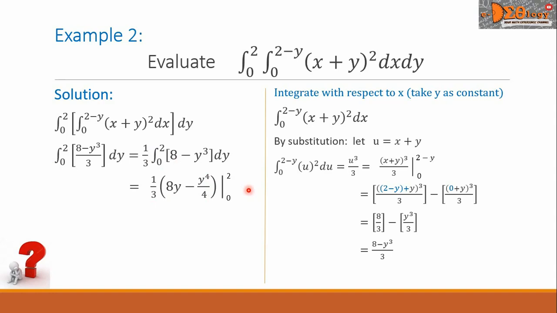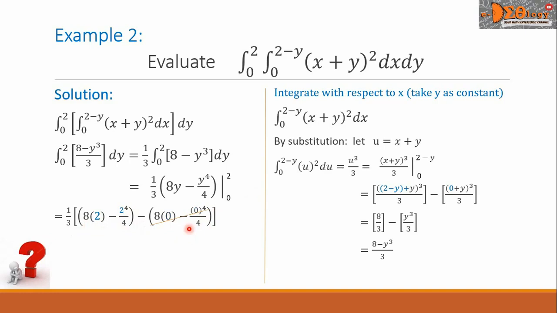Substituting the values, we have the 1/3, and the first group is 8 times 2 minus 2 raised to 4 all over 4, minus the second group, 8 times 0 minus 0 raised to 4 all over 4. Look at the second group. Because of the 0, all of this will be 0.